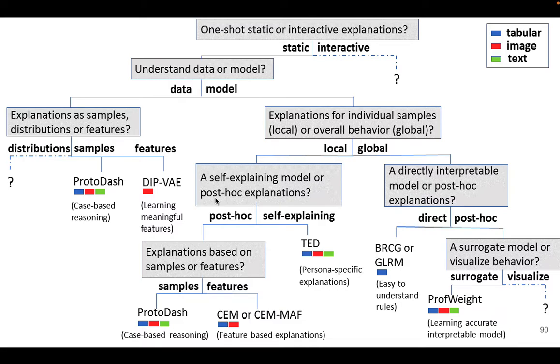For instance, if you have an explanation of the full model or just a concrete example, a data point you are very interested in, so local versus global explanation, or if you have a directly interpretable model or a post hoc one, or a surrogate model, like we said yesterday, a mirror model or a mimicking model that simplifies your original model, and therefore you're explaining not a twin, you would like it to be a twin, but a different model than the original one, though ideally you will understand it better. So this is a bit of the techniques that the IBM toolbox provides and the kinds of data. You can adapt your problem to fit in this tree.